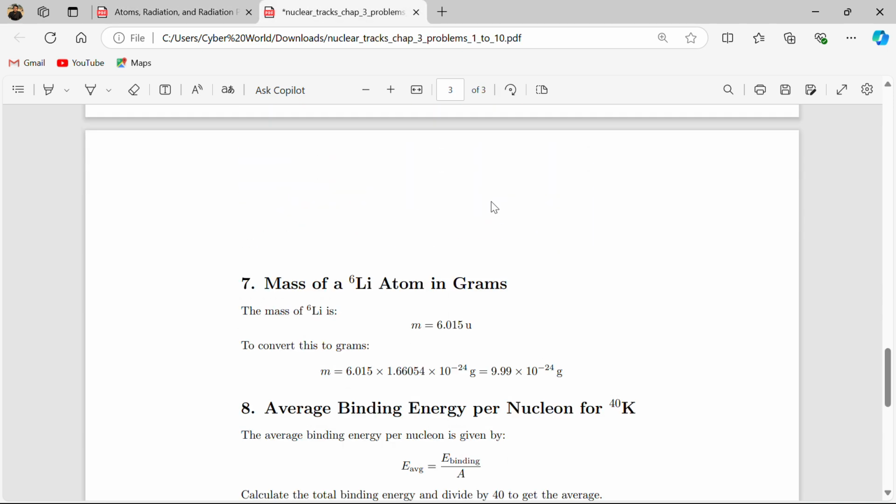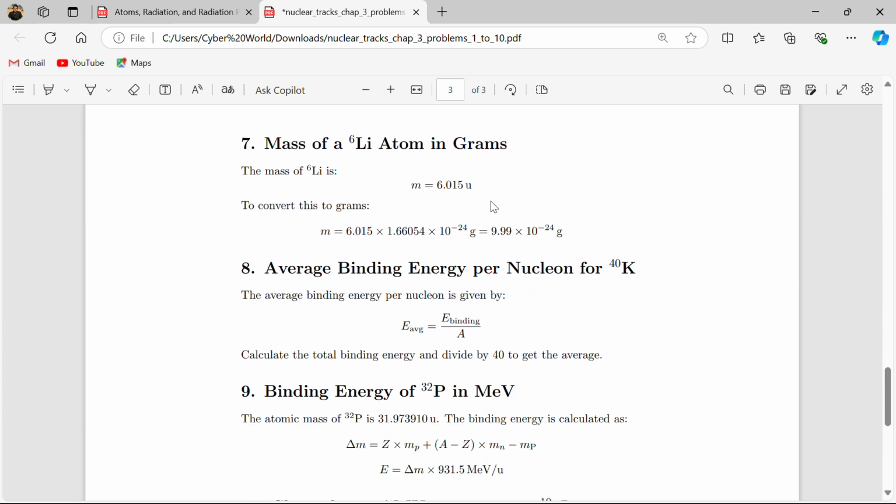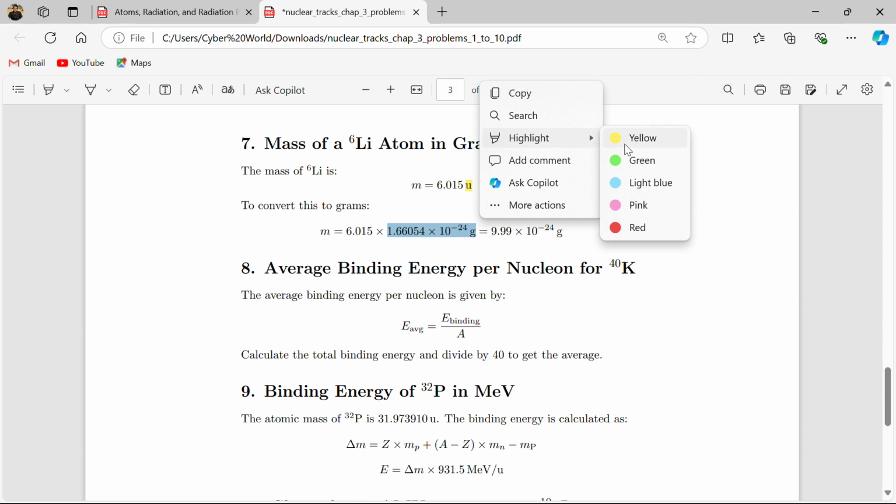This is how you can do it. The mass of lithium, as we already know, is 6.015 u, and we also know that 1 u is equal to 1.66054 times 10 raised to power minus 24 grams.